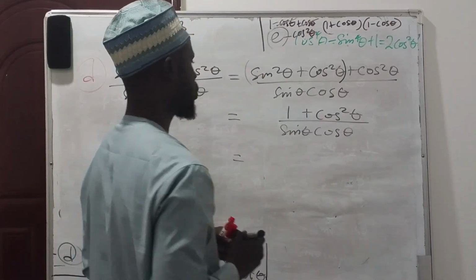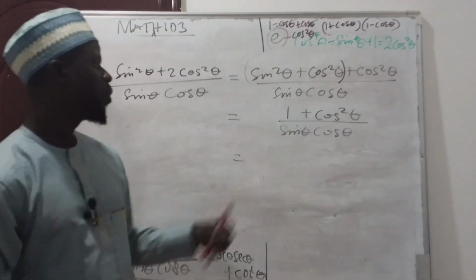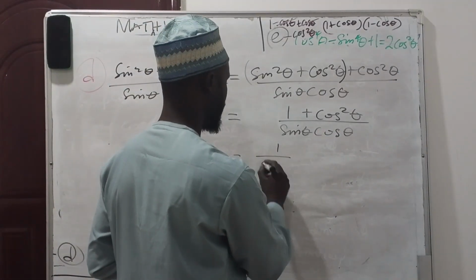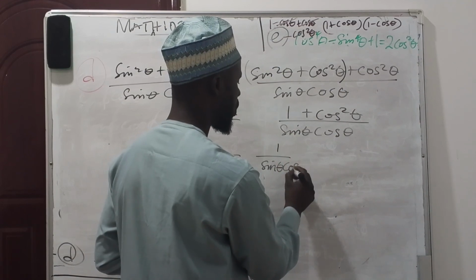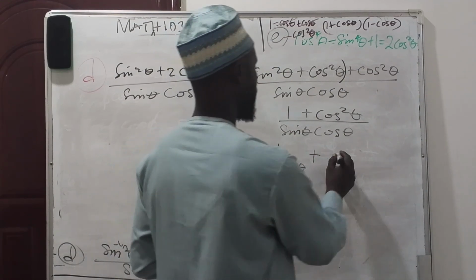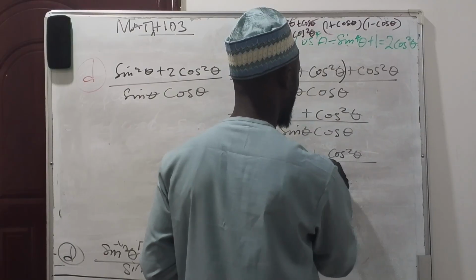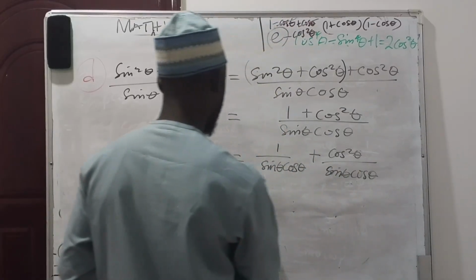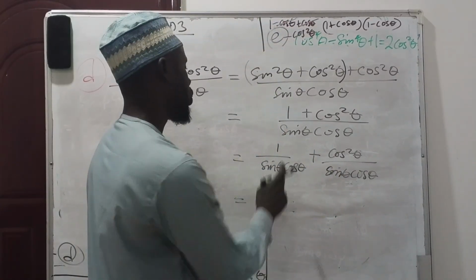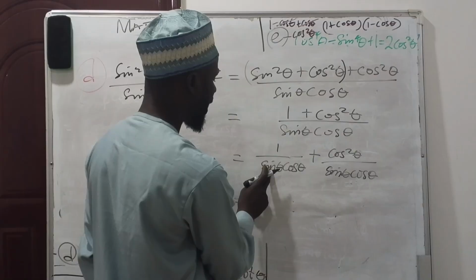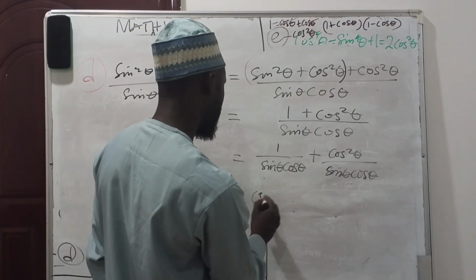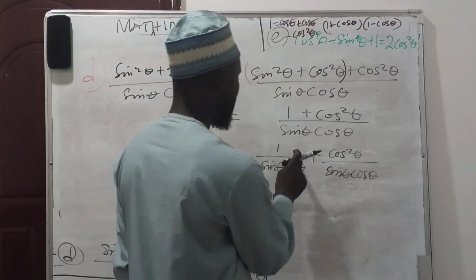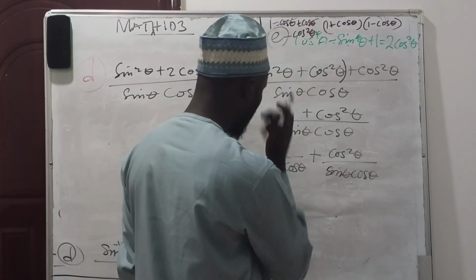Now with a common denominator, I can split: 1 over sine theta cos theta plus cos square theta over sine theta cos theta. And 1 over sine theta is cosec theta, 1 over cos theta is sec theta.